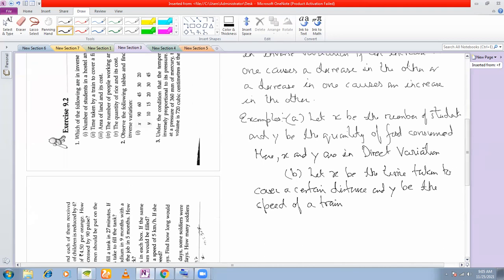Then are x and y in direct or inverse variation? Good morning, sir. Here x and y are in inverse variation. Why inverse variation? Because as the speed of the train increases, the time taken decreases, right? So here x and y are said to be in inverse variation.